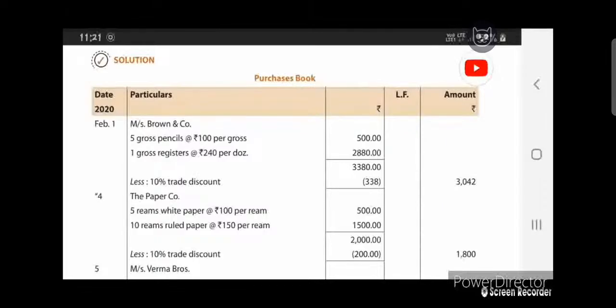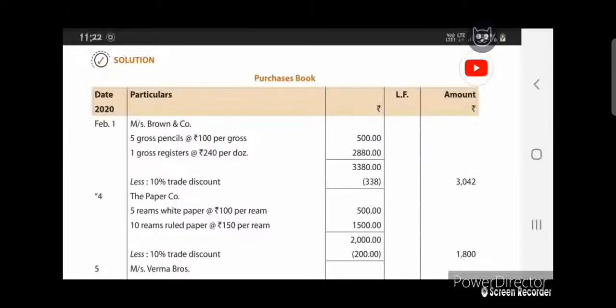Next, one gross register at 240 per dozen. Per dozen means you take each dozen, 12 will come out like that. Also 12, so 12 dozen you have done. So 2880. When you do 2880 plus 500 you will get 3380.